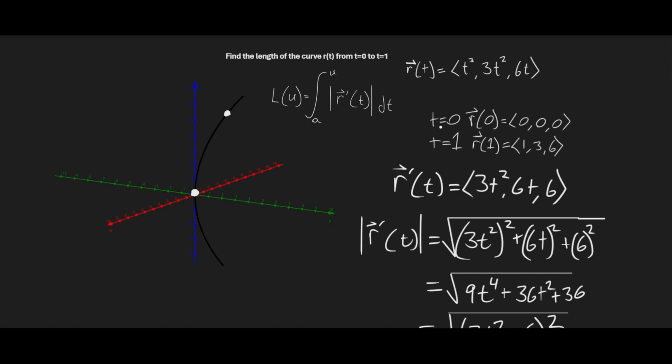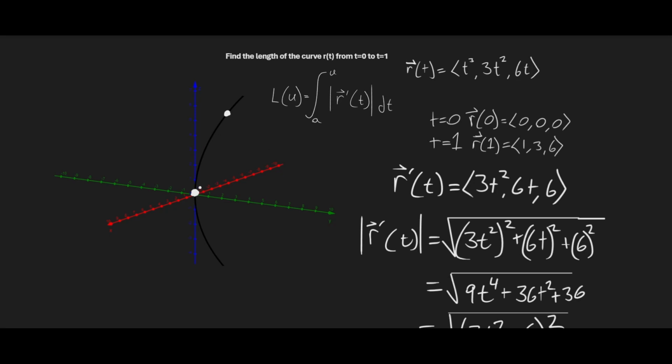When t equals 0, r of 0 is 0, 0, 0, and when t equals 1, the point is 1, 3, 6. So it's from this point to this point, and we want to find the length of this curve.